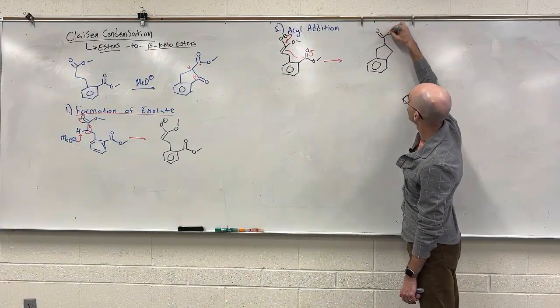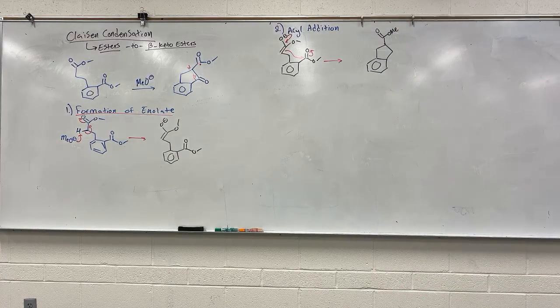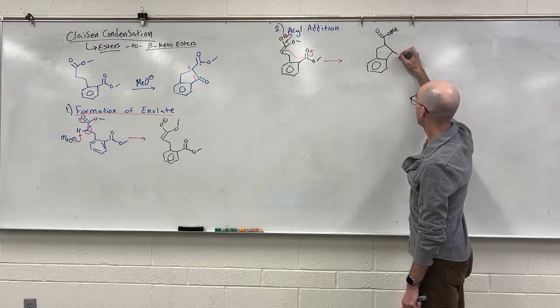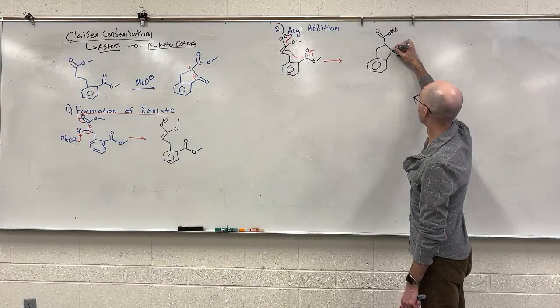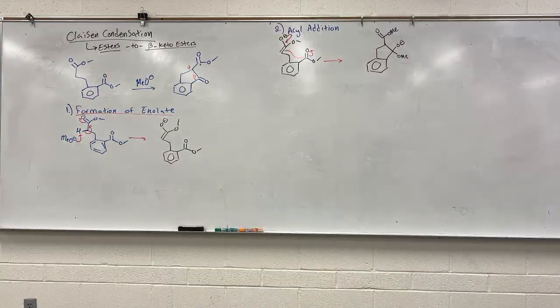Alpha has just reformed its ester, and I'm going to change my esters to say OMe because I don't like drawing that little stick anymore. My ester has reformed up there. Alpha has just attacked beta. But beta was a carbonyl carbon. Yes, we've just done acyl addition, a tetrahedral intermediate.